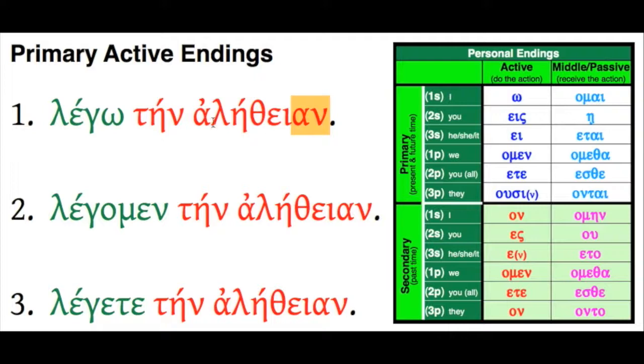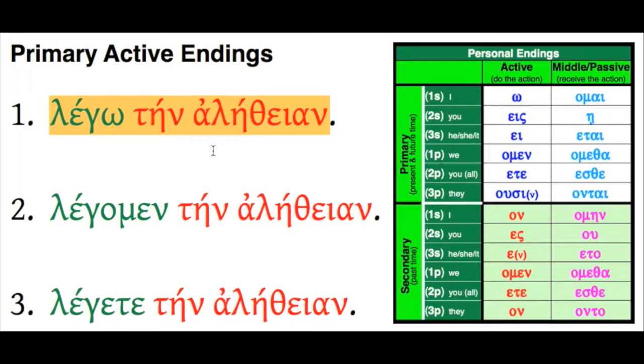Aletheian, what case does that look like to you? That's accusative singular feminine, right? The truth, receiving the action of the verb. So how would we translate this sentence? Lego ten aletheian. I speak the truth. Or, I am speaking the truth.